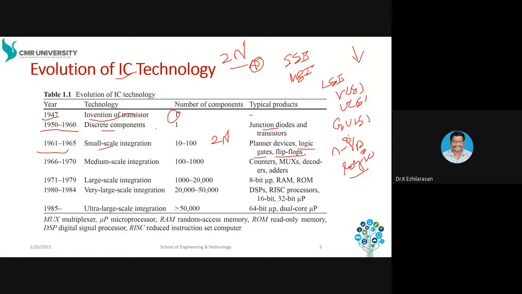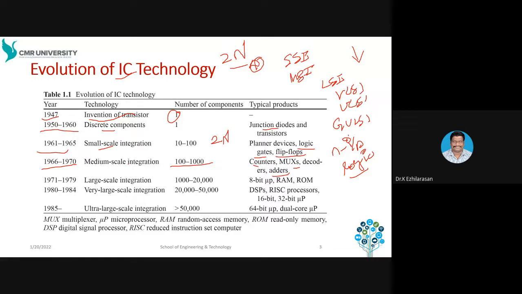It came during 1966 to 1970. The range is from 100 to 1000 transistors in a single chip. The examples are decoders, encoders, multiplexers, counters, and adders. All these come under medium scale integration.